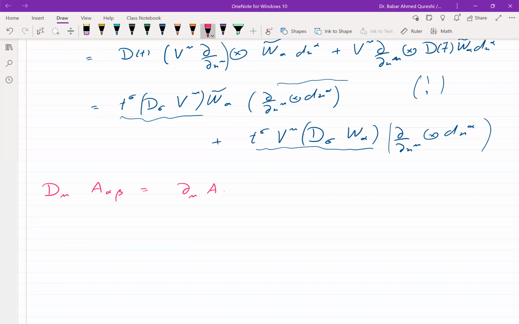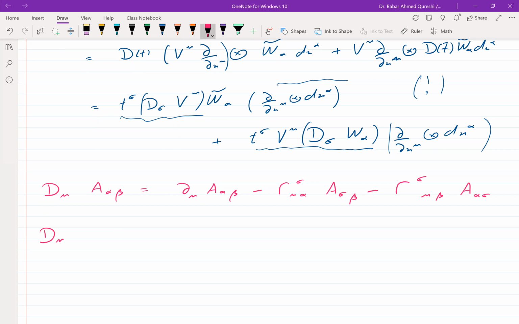So it would be gamma mu alpha sigma. एक दफा आप पहले इंडेक्स को रिप्लेस कर देंगे, एक दफा आप दूसरे इंडेक्स को रिप्लेस कर देंगे. म्यू बेटा, अल्फा सिग्मा.